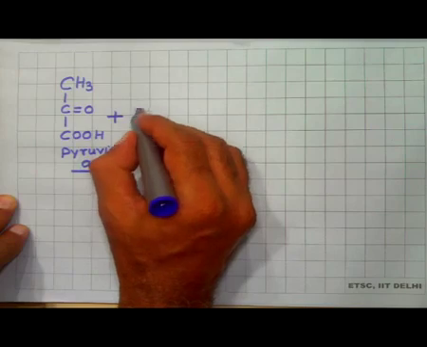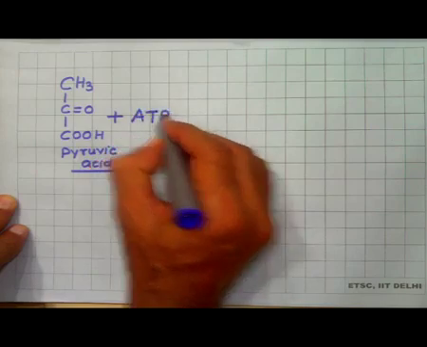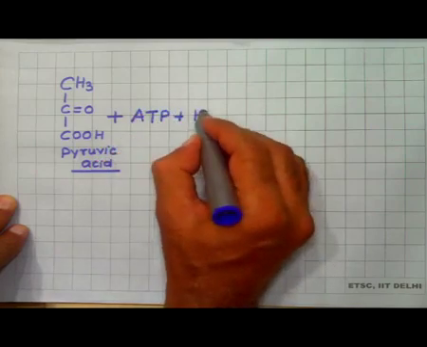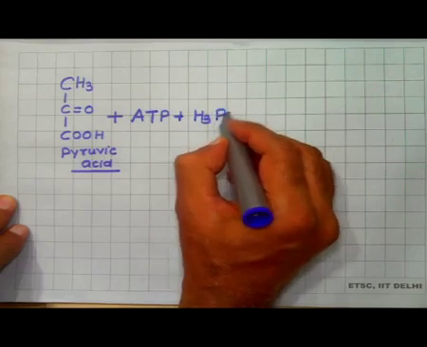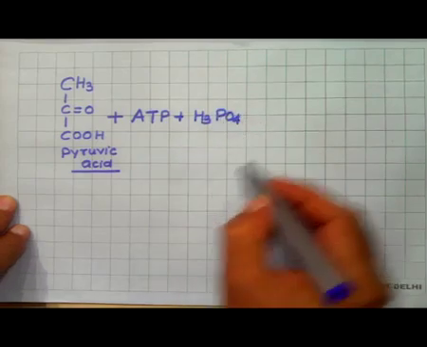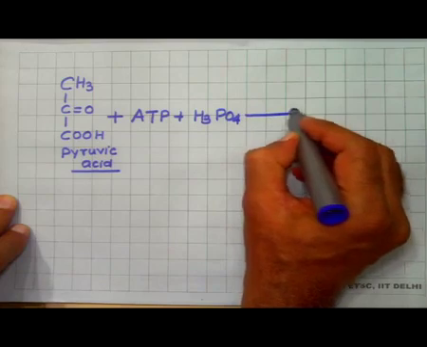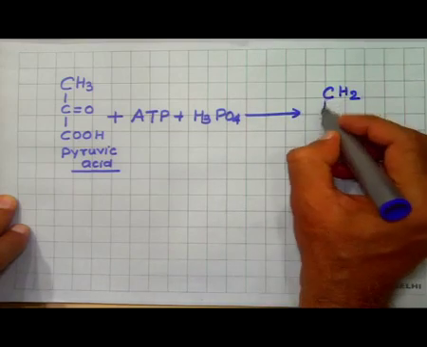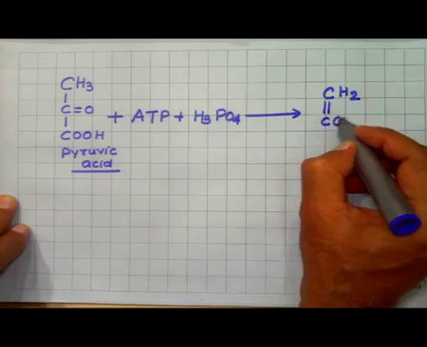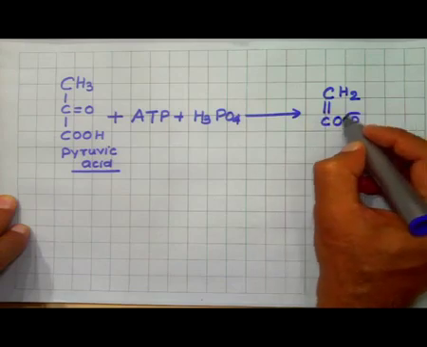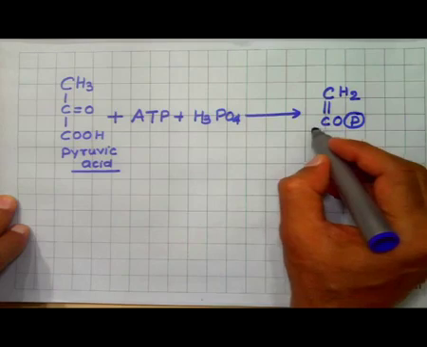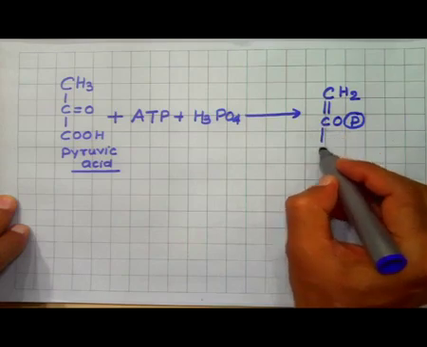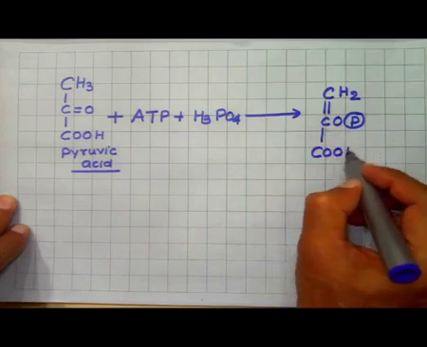It combines with ATP plus H3PO4, then it is converted into phosphoenol pyruvate. Here is the double bond; from the H3PO4, this phosphate came, and COOH.